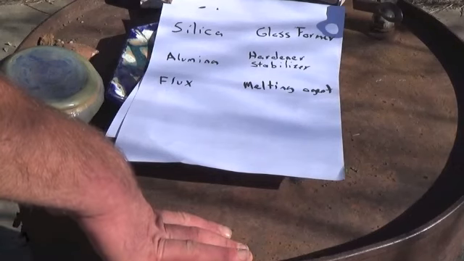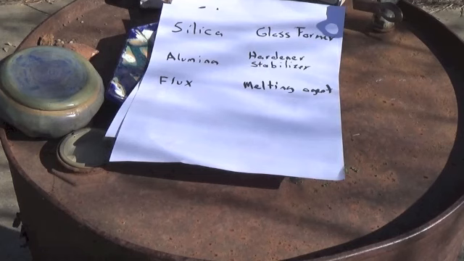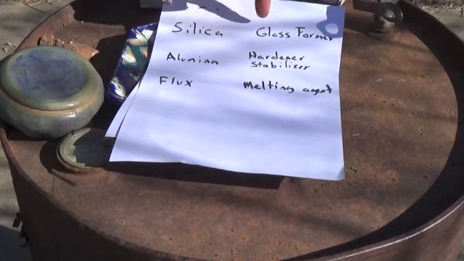One easy way to get a glaze on a piece of pottery, while we're thinking about flux, is just to take pottery and put it in a kiln, and if you get it to a high enough temperature, over 2000, up in the stoneware range, if you dump just plain table salt, sodium chloride, into the kiln, the kiln will dissociate the sodium from the chlorine, and the chlorine will go up the chimney as a gas, and the sodium will attach itself to the silicates in the clay and cause a surface melting.